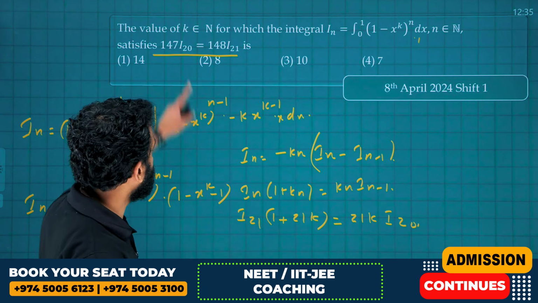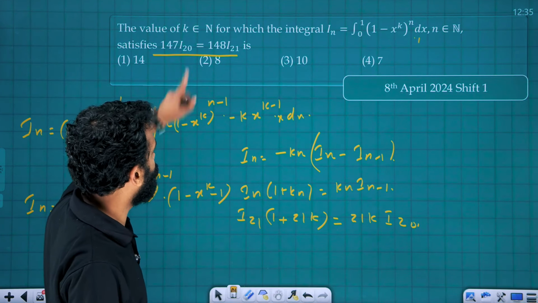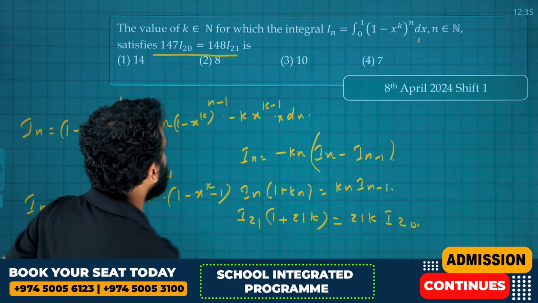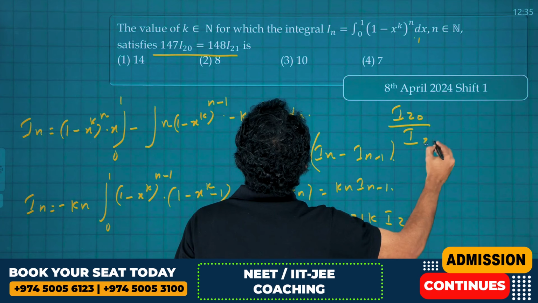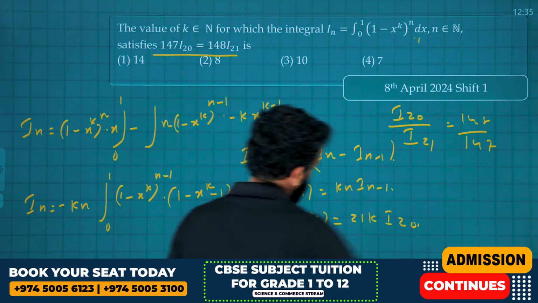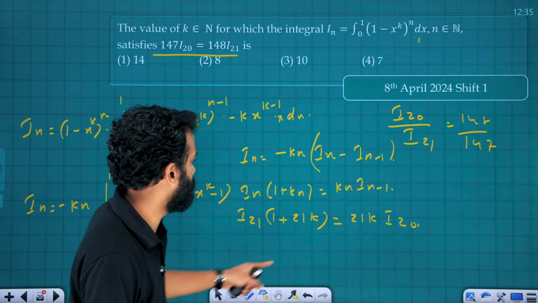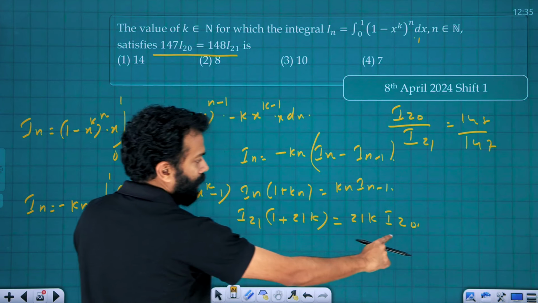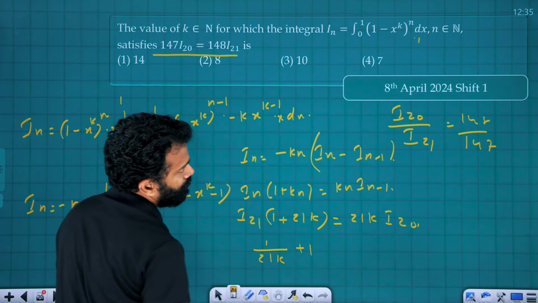I need to find I_20, yeah, let's take I_20 by I_21, 148 by 147, right? That is I_20 divided by I_21 is equal to 148 divided by 147. And here also, I_20 divided by I_21 is equal to 1 by 21k plus 1.